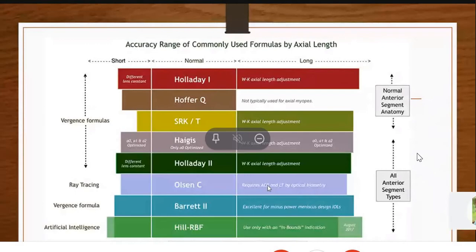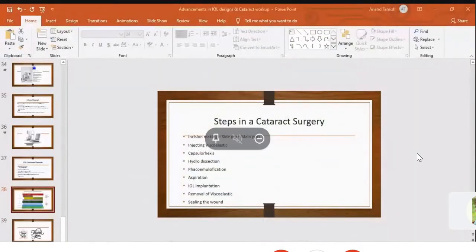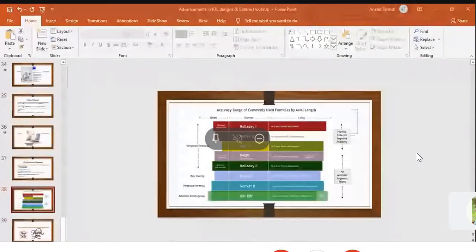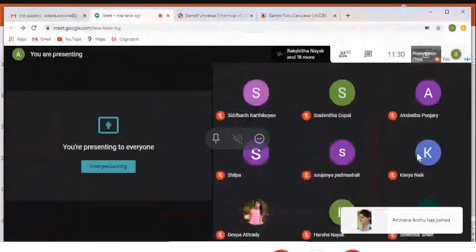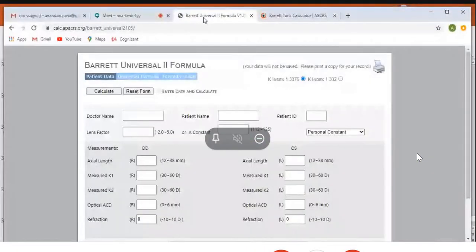So now I will show you how we can calculate in a Barrett. Okay, so this is a Barrett calculation sheet. Here you can calculate for both eyes, and here you can see it gives a keratometer index of two values, because many varieties of keratometer come with the normal keratometer index, which is nothing but 1.3375.